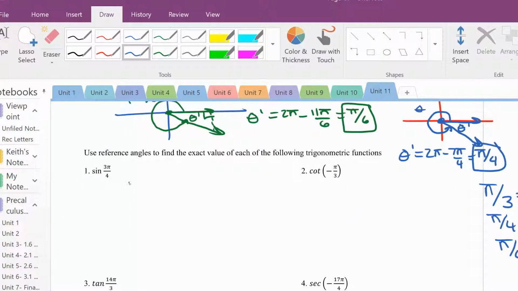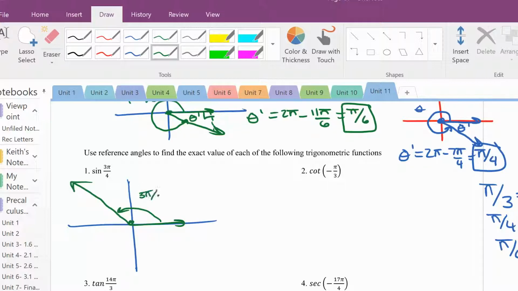So sine of 3 pi over 4. 3 pi over 4 is in the second quadrant. So when you find the reference angle, remember that's pi minus 3 pi over 4. So the reference angle is pi over 4, which means it's a 45 degree, so it's 45, 45, 90.